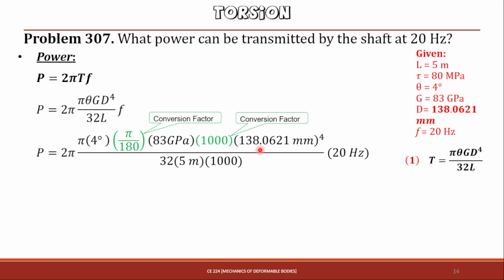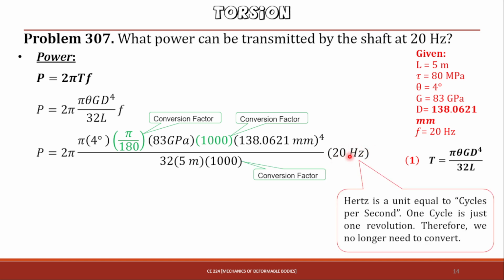And then 138.0621, that is yung diameter ng ating shaft na nasolve natin kanina. All over, 32 times yung length natin na 5 meters. Tapos dapat naka-millimeters din siya, kaya multiply natin ng 1,000 para maging millimeters in meters. And then we have 20 hertz.